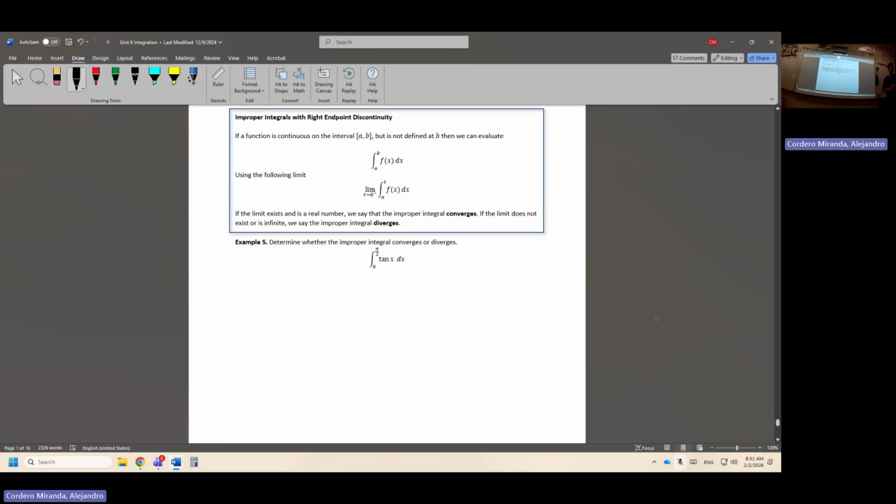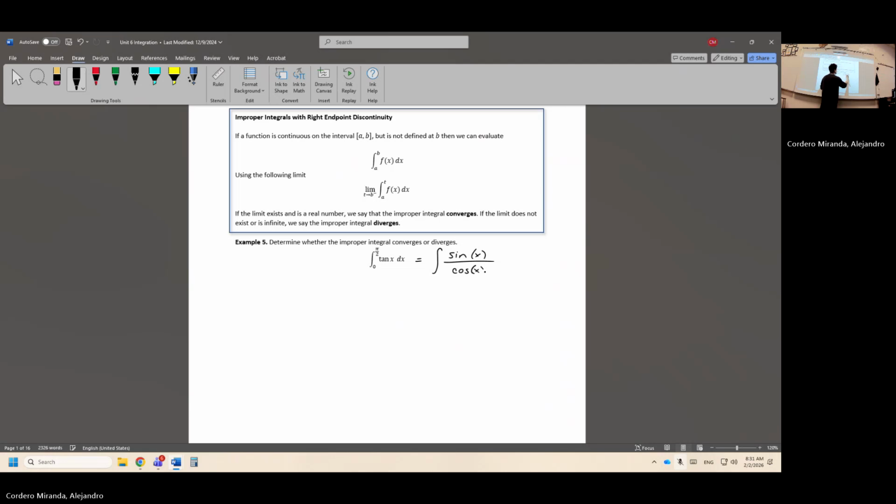All right. Yeah, this tangent one, you may not remember, but you might, that since tangent is sine over cosine, the cosine is 0 at pi over 2, so tangent is undefined at pi over 2.